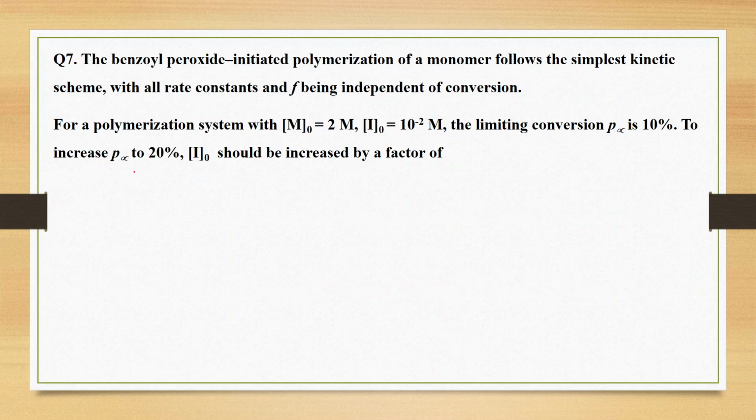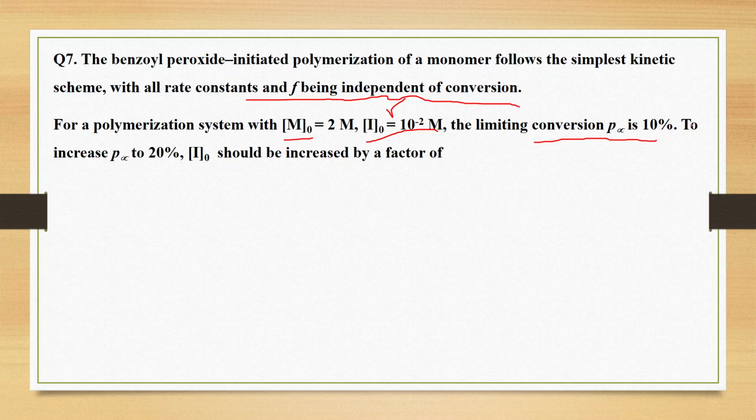So this is our next question. It states that the benzoyl peroxide initiated polymerization of a monomer follows the simple kinetic scheme with all rate constants being independent of conversion. This is a very important point, otherwise you cannot calculate. For a polymerization system, you have your initial monomer concentration 2 molar, initial initiator concentration 10 to the power minus 2 molar, and the limiting conversion, that is P infinity, is 10%.